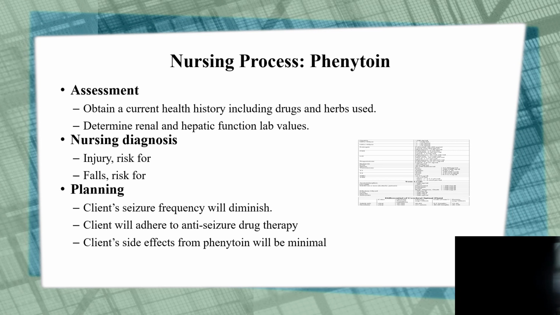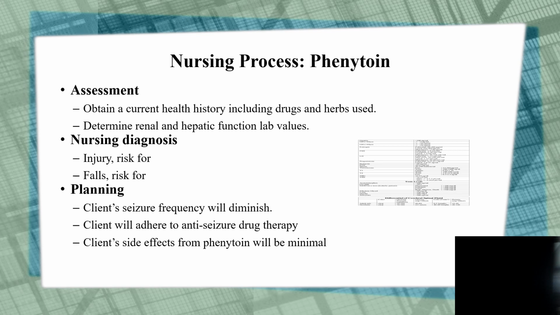Upon administration of this drug, it is recommended that we follow the nursing process. So you want to assess your patient first. You want to do an assessment. You will obtain a current health history, including drugs and herbs that are being used at home.